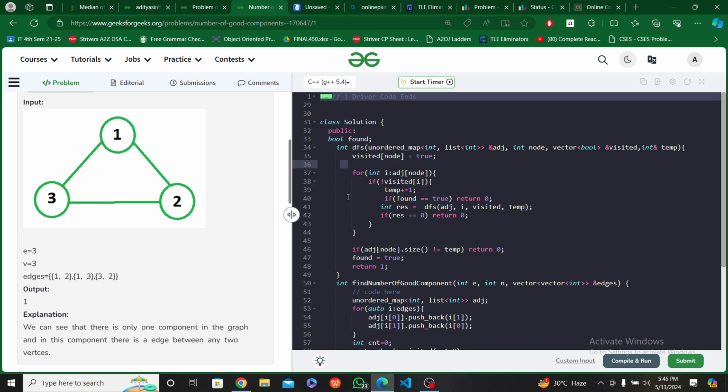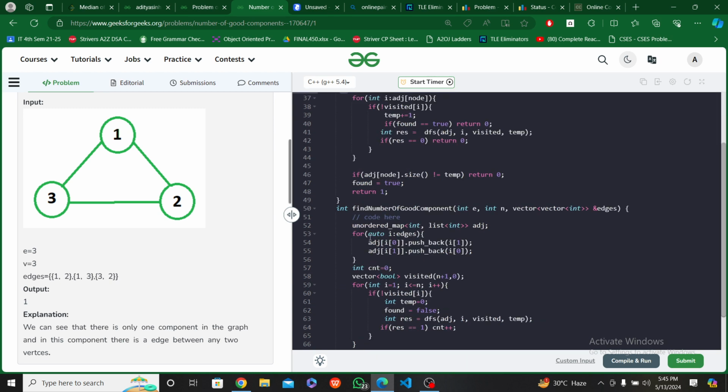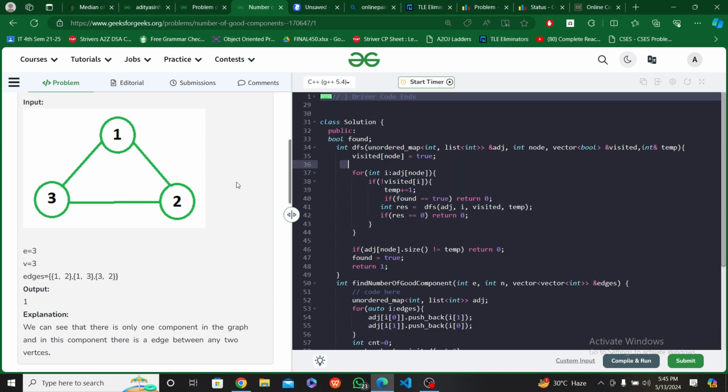I'm just simply using a vector, and here I'm not using the formula of a complete graph. What I do is go through every edge, and during the backtracking I compute the size and take that length, because if it is a good component graph, then I will explore all the nodes and count the number of vertices. So I count 1 2 3.